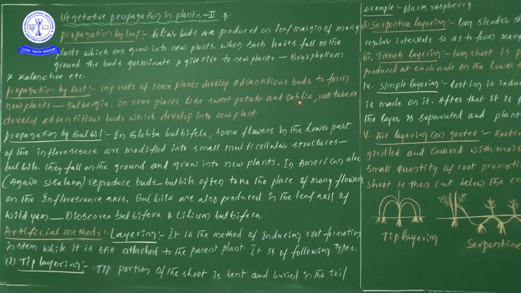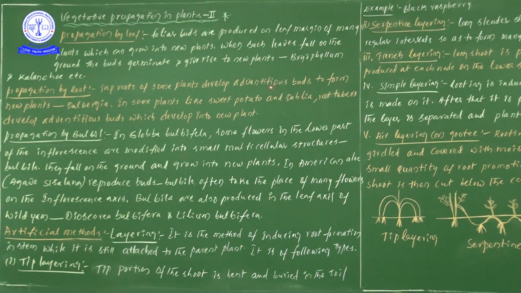There, root tubers develop adventitious buds which develop into new plants. The tubers themselves develop the adventitious buds. Don't forget one point here: in Dalbergia latifolia, the taproot system is there.